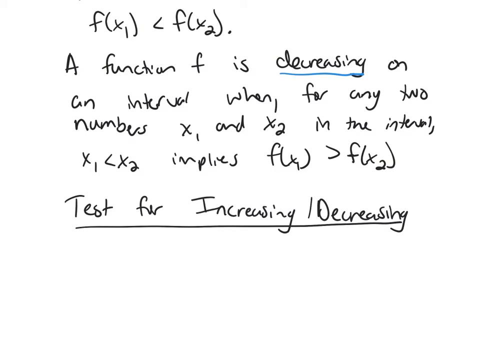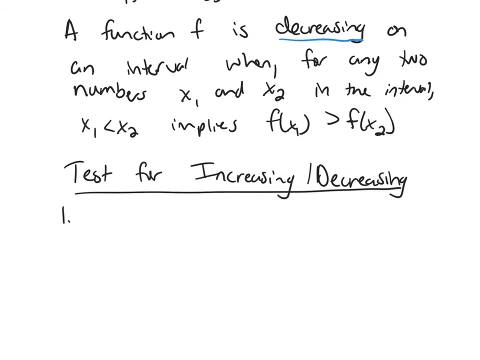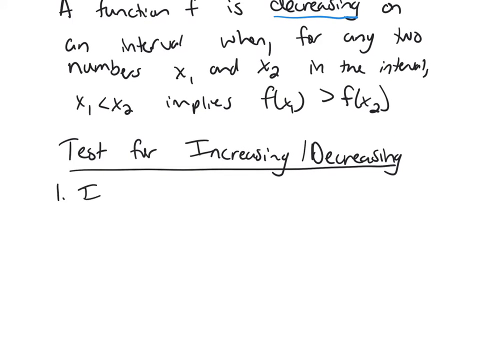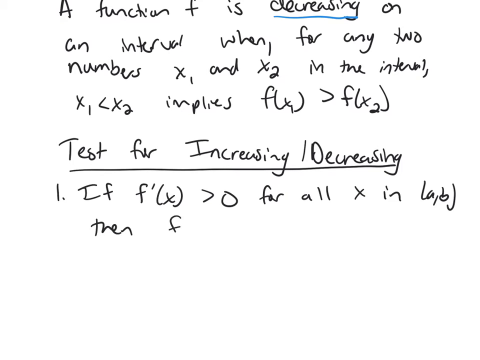Well, we use the derivative. So if f prime of x is greater than 0 for all x in the interval a to b, then we would say f is increasing on a to b.